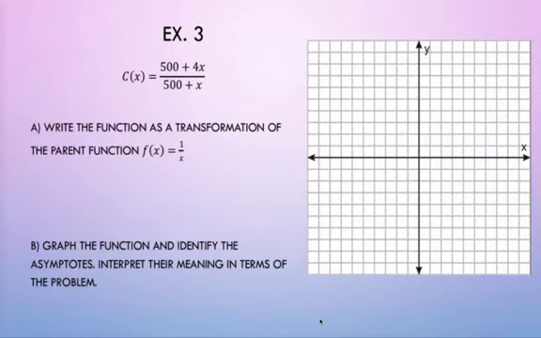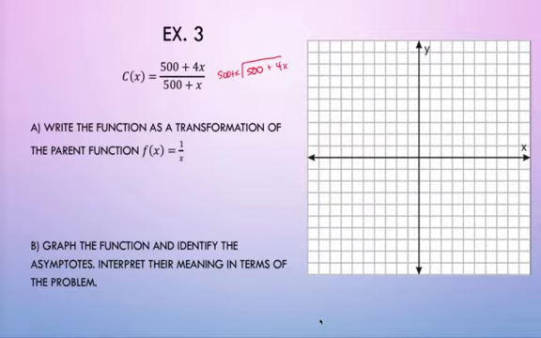We want to first write the function as a transformation of the parent function f of x. And in order to do that, we're going to need to divide these functions. So we're going to do long division, and we're going to divide 500 plus 4x over 500 plus x.